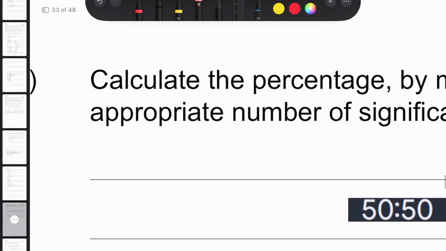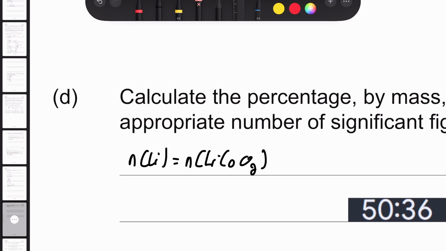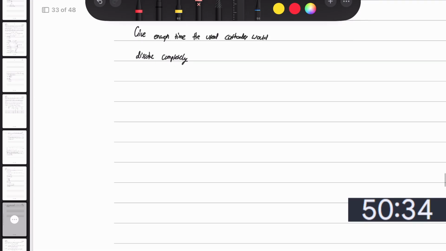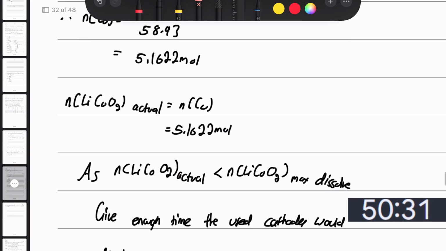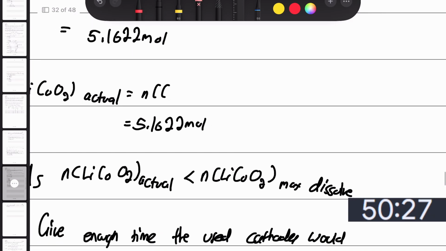The number of lithium must equal the number of LiCoO2, which can be equal to 0. I should write this as an O.